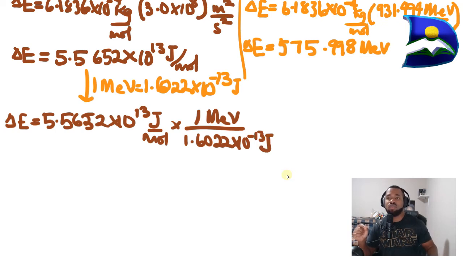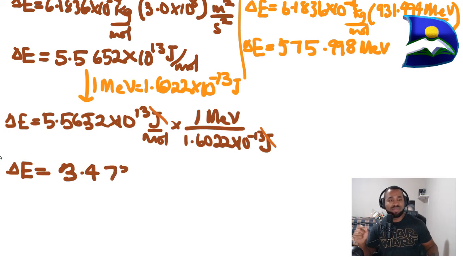So therefore our joules cancels out, and what we have now is 1 multiplied by our numerator on the other side, and we are going to get our change in energy to be equal to, in this case, 3.4735 times 10 to the 26 mega electron volts per mole.